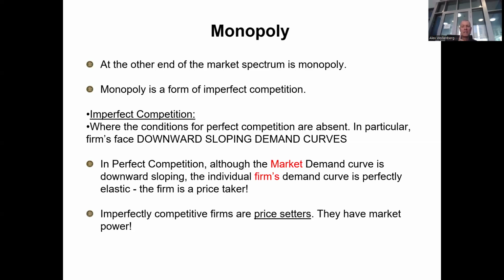Really important: in imperfectly competitive markets, firms have market power. They are price setters, and especially monopolies. Monopolies have extreme market power because the company is the industry, so they're price setters. And that results in the marginal revenue curve being different from the demand curve.